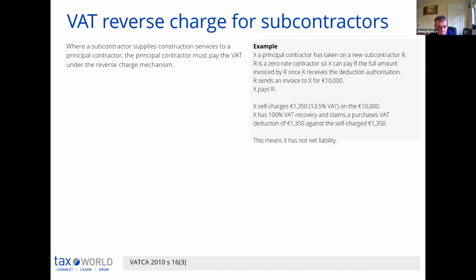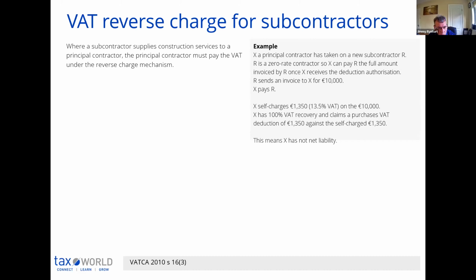So if a principal contractor engages a subby, they have to apply RCT to the payments they make to that subcontractor. But in addition, the principal contractor must also account for the VAT arising on the transaction under a reverse charge mechanism. So again, if you have VAT deductibility and you don't include it, is it the end of the world? Probably not.